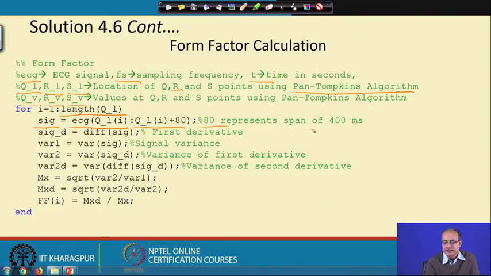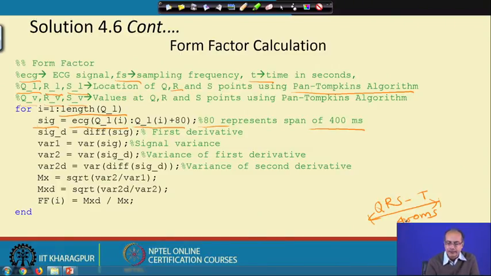Because in this case 80 samples represents 400 milliseconds. That is how we got that number 80, because we are told that we need to take 400 milliseconds of QRS and T segment. We are asked in the question that 400 milliseconds we need to take.